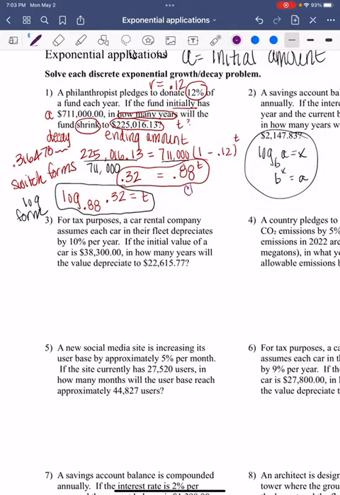The change of base formula says that the log base b of a is the same thing as the log base 10 of the argument over the log base 10 of the base. This, my calculator will do for me. So this I can plug into my calculator.